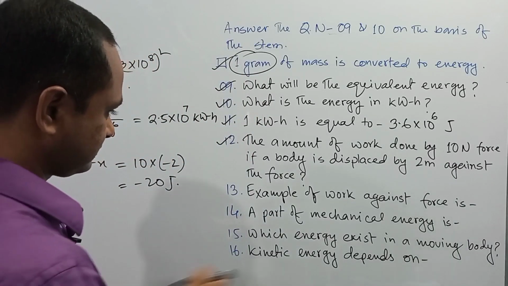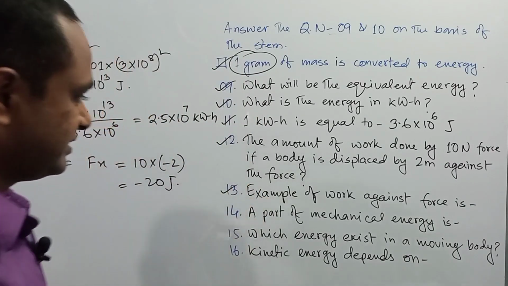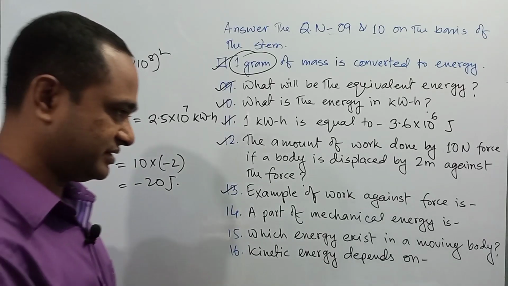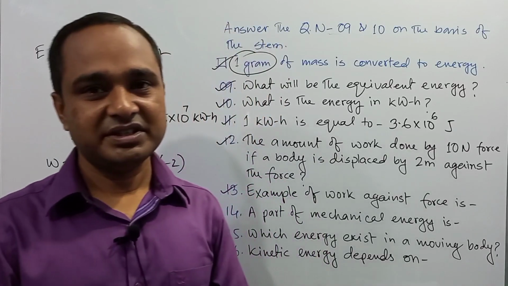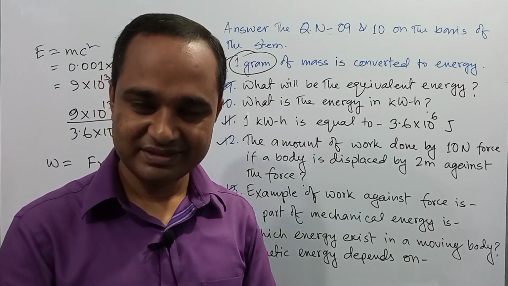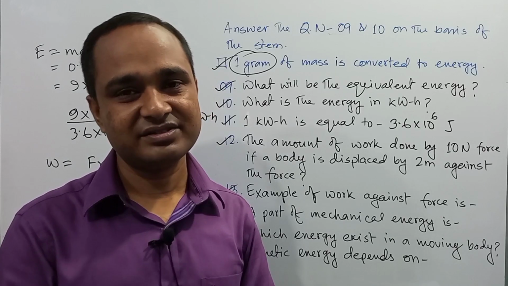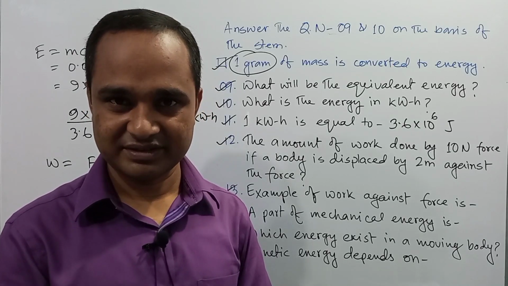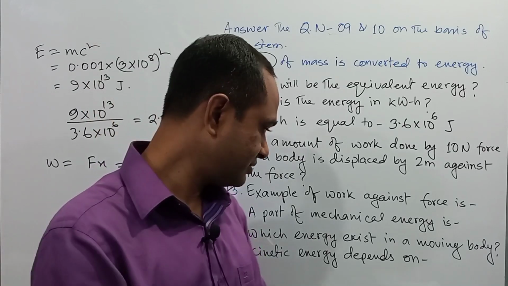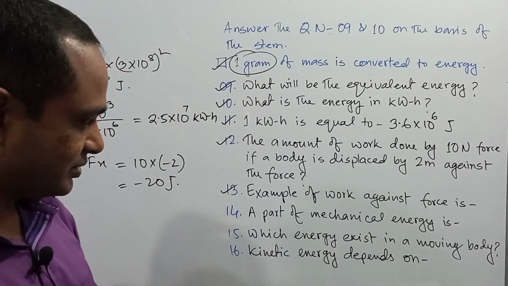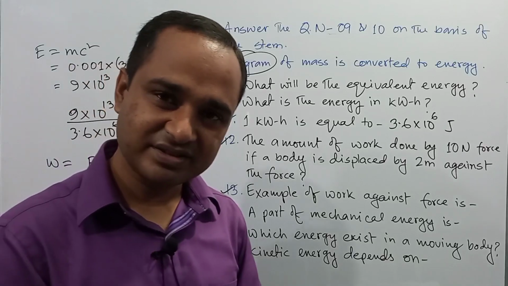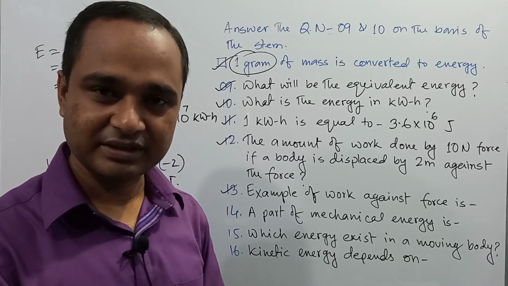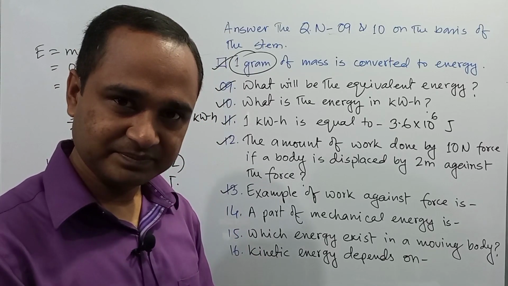Then they said that a part of mechanical energy, you know, mechanical energy can be divided into two parts. One is potential energy and another is kinetic energy. So whatever the option, first we need to find which option is present among the potential energy and kinetic energy, right?